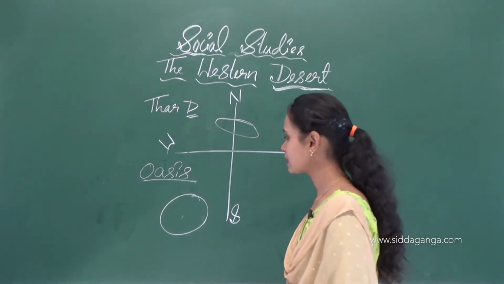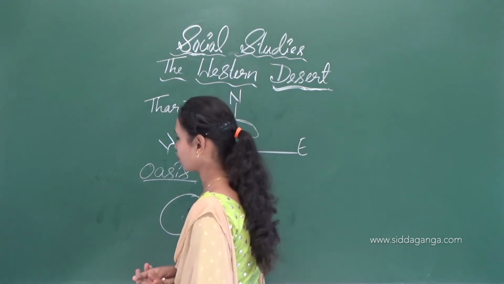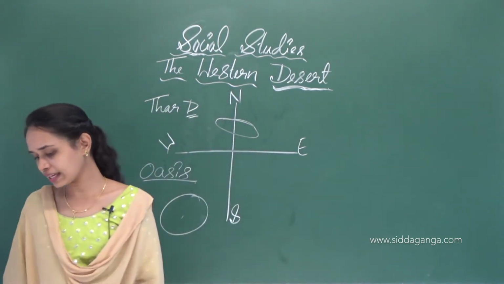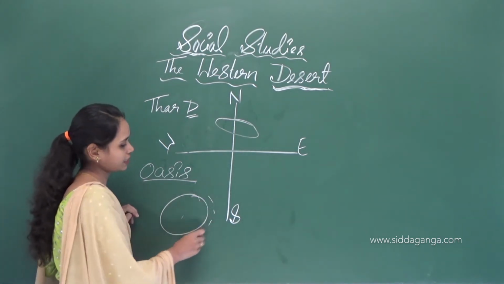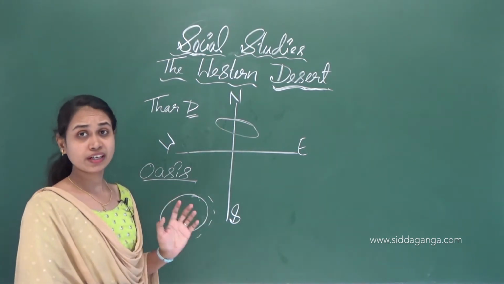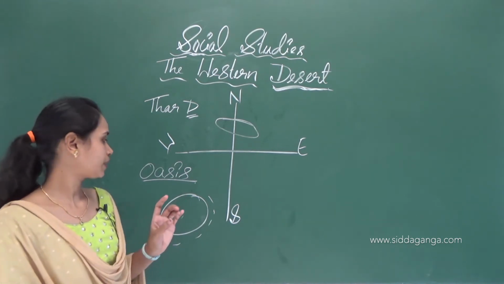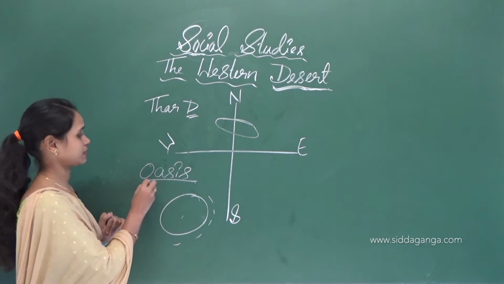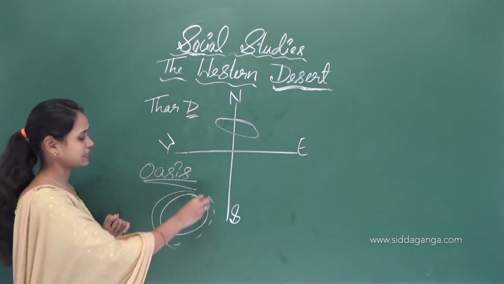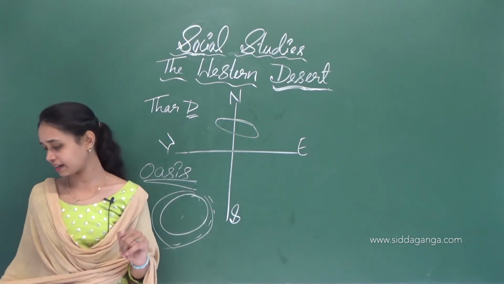So in that fertile soil we can see the oasis, and we can also see villages. Near the oasis we can see villages.